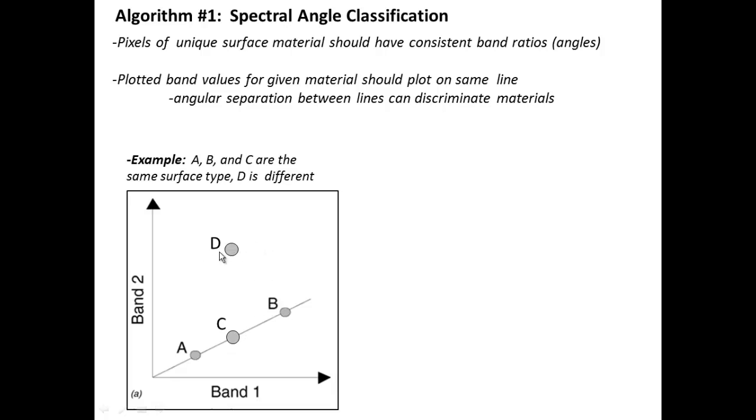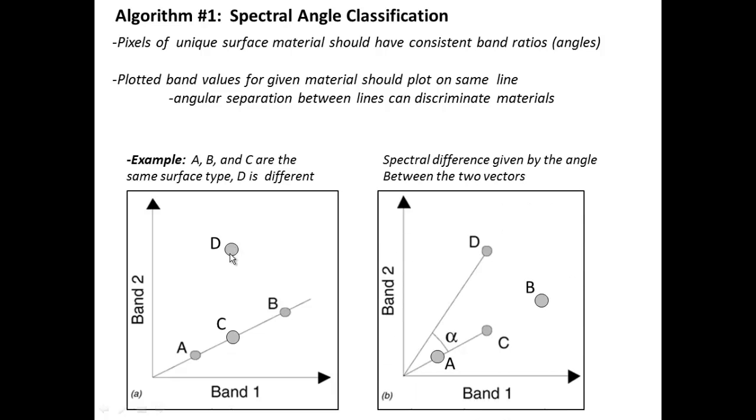Now, of course, point D also falls along its own vector, and that's going to look something like this. And the difference then between the surface type for A, C, and B and the surface type for D is quantified by what we call the spectral angle, or alpha.